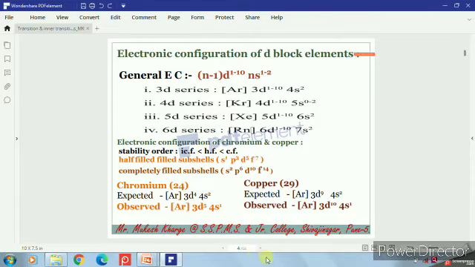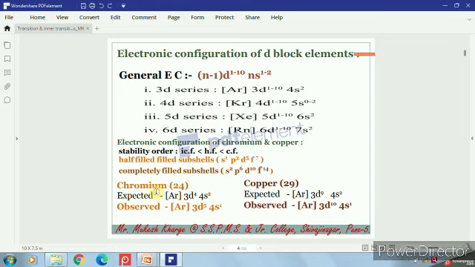So this is about the electronic configuration of chromium and copper and the remaining electronic configurations of the 3d series. The first element has one electron in the 3d orbital and the last element contains 10 electrons in its 3d orbital. That is, scandium 4s2 3d1 and zinc argon 4s2 3d10.